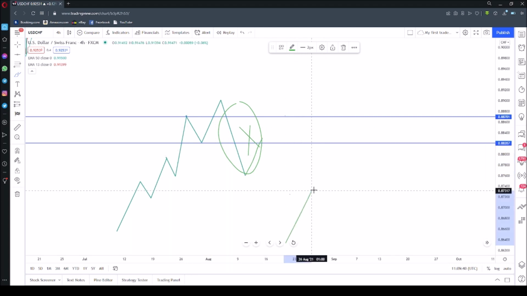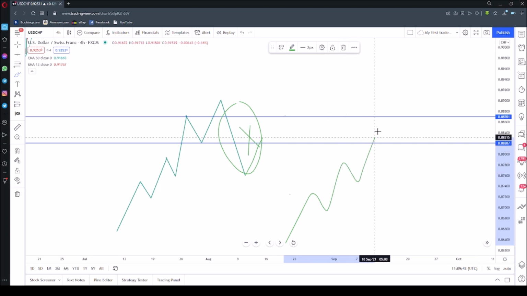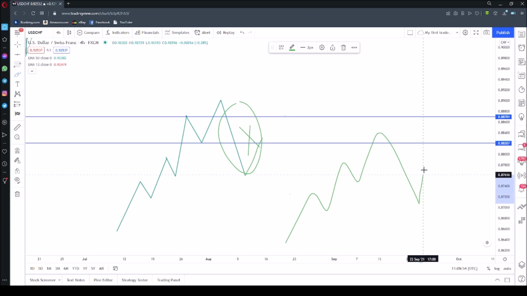Therefore, to just have a summary of what I've just said, the first thing is to see breaking of structure. Then within that breaking of structure, we need to see a crossover of the 50 and the 13 EMA. Then 3, we need to see the market come back, and the order block to pick will be the one above the 50. Actually, the first order block above the 50 EMA is the one that we expect to see the market bounce from.